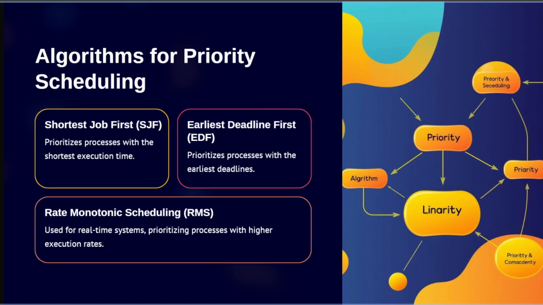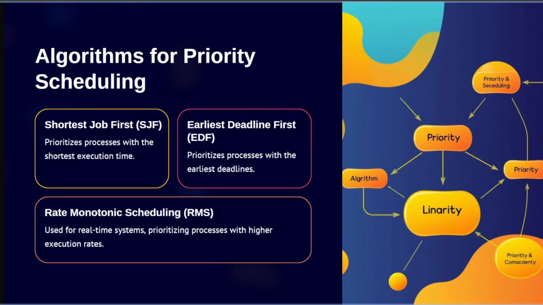Now I will explain three key algorithms used in priority scheduling. First, let's talk about shortest job first. This algorithm prioritizes processes with the shortest execution time. It's like completing the smallest tasks first to clear the workload quickly. Next is earliest deadline first. Here priority is given to processes with the earliest deadlines.